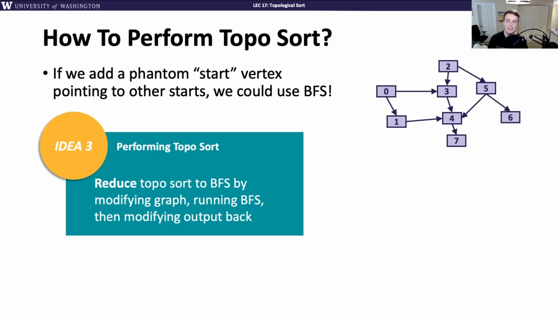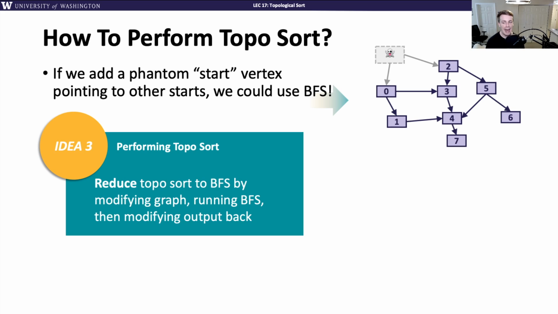So now let's try to use this idea in topological sort. Here's the idea. Instead of changing the BFS algorithm, let's change our graph. The change we're going to make is to add a phantom node. This phantom node is a modification to our original graph such that it makes sense for BFS.